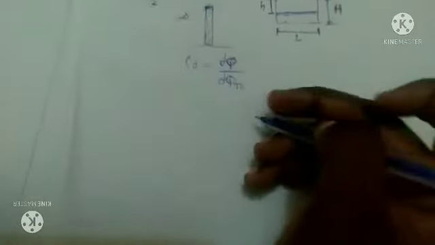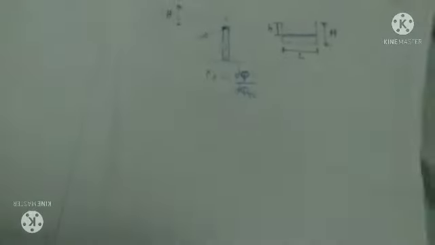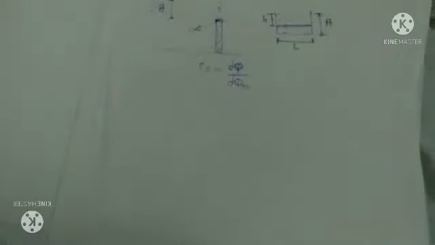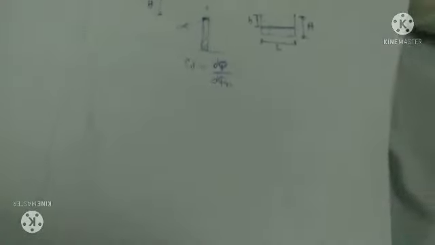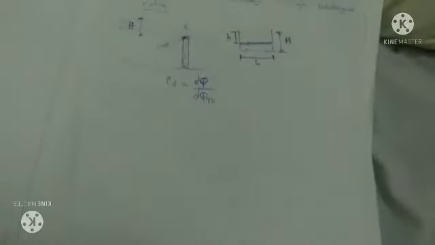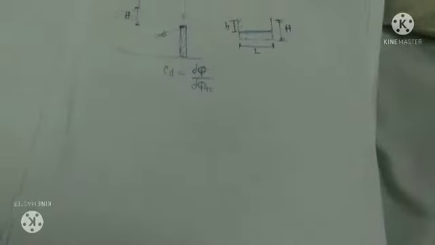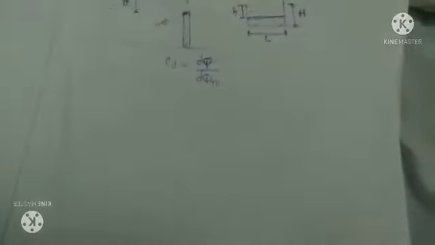Actual discharge means the real one, the discharge which is actually passing through a certain channel. But the theoretical one, you are using the formula in order to calculate that discharge.